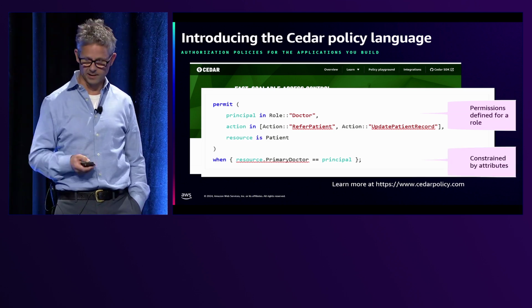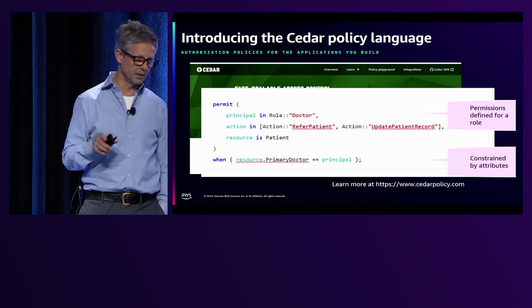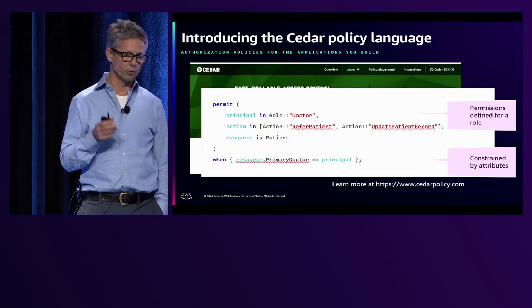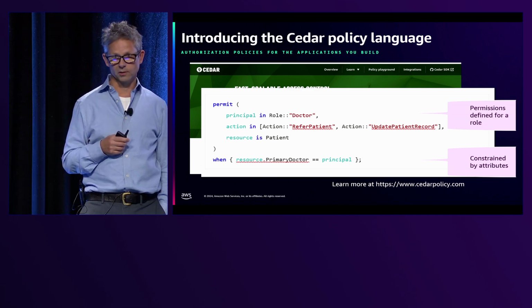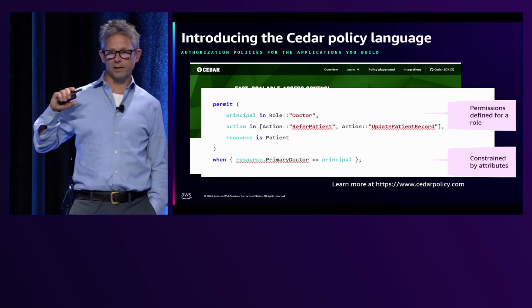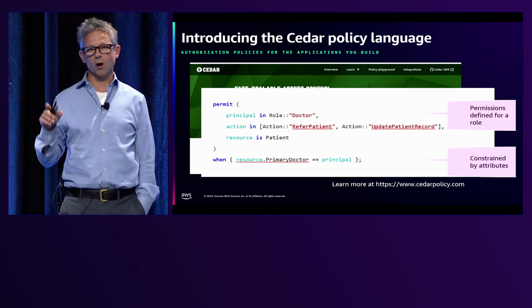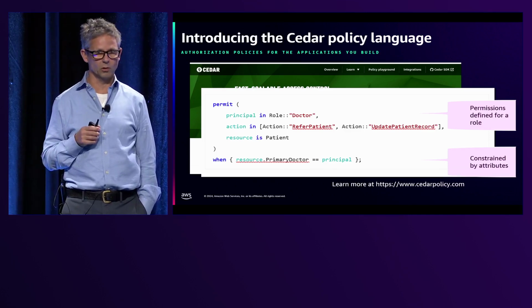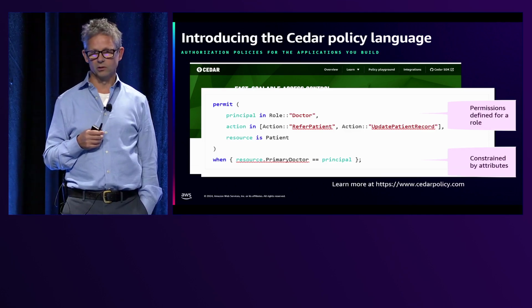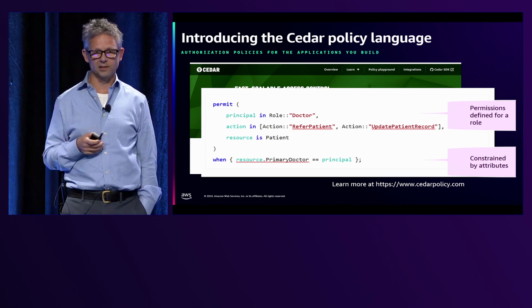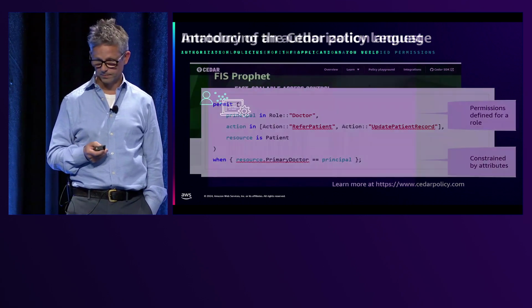But there's a caveat in there, there's a condition. The condition is that the patient, or rather the doctor, needs to be the primary care doctor of the patient. You can see what we've done here is combine both RBAC, role-based access control, and ABAC, attribute-based access control, into a single, relatively easy to read policy statement.